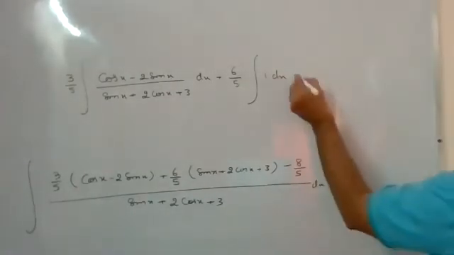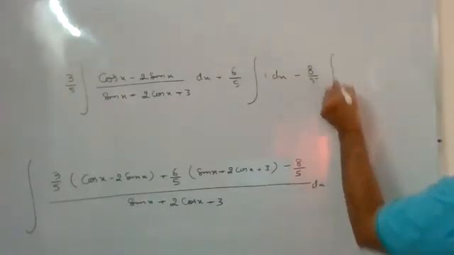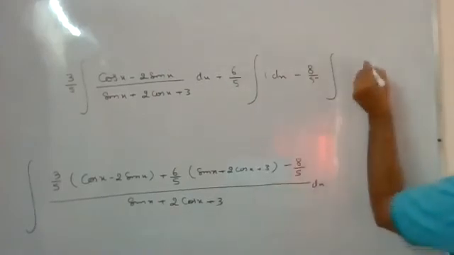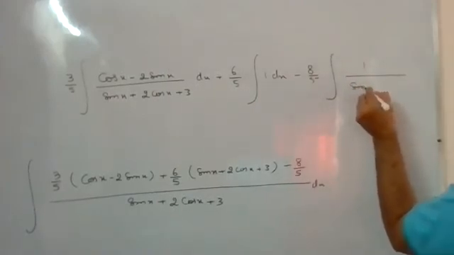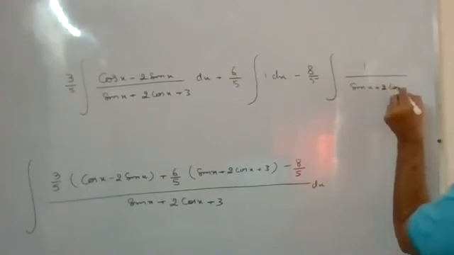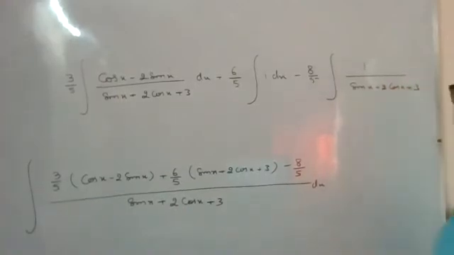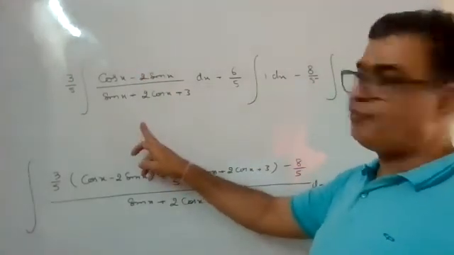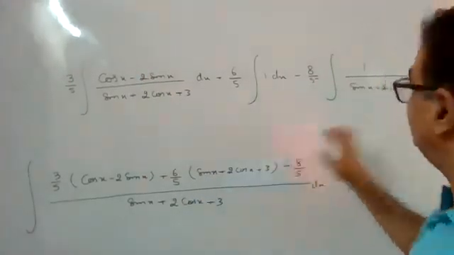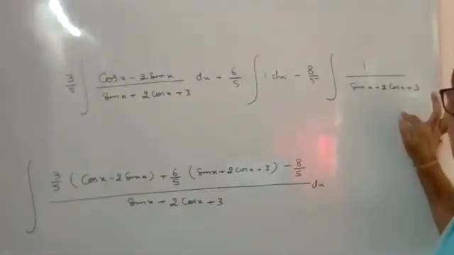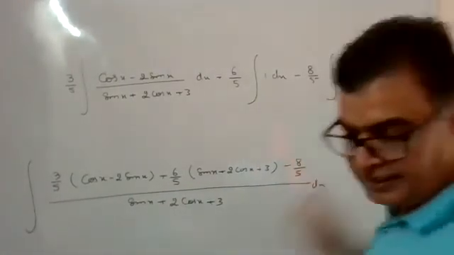And the third one is minus 8 by 5 times 1 by sin x plus 2 cos x plus 3. This is dt by t form. This is already 1, but this will be the previous form we have. What should I do in this case?